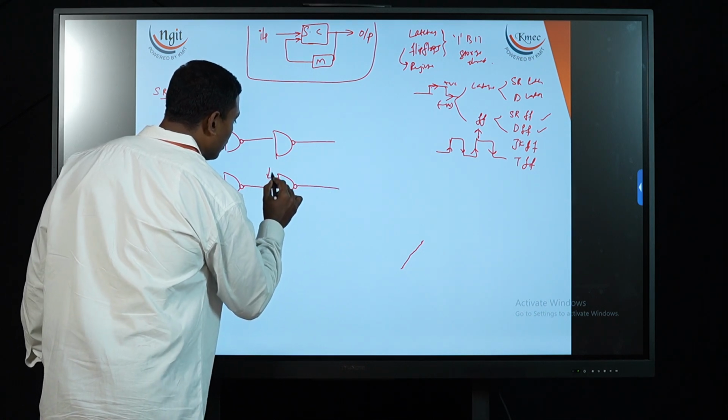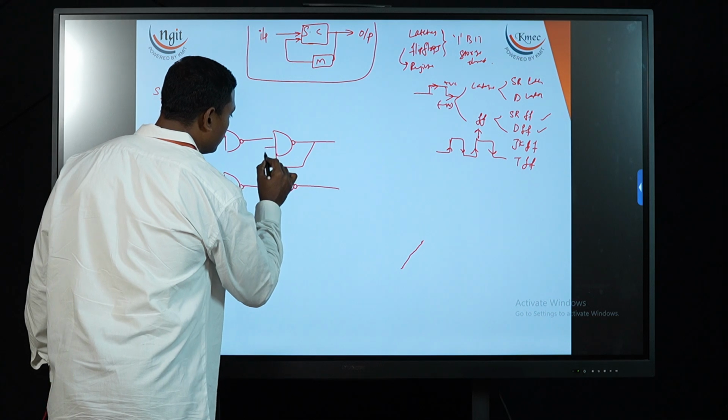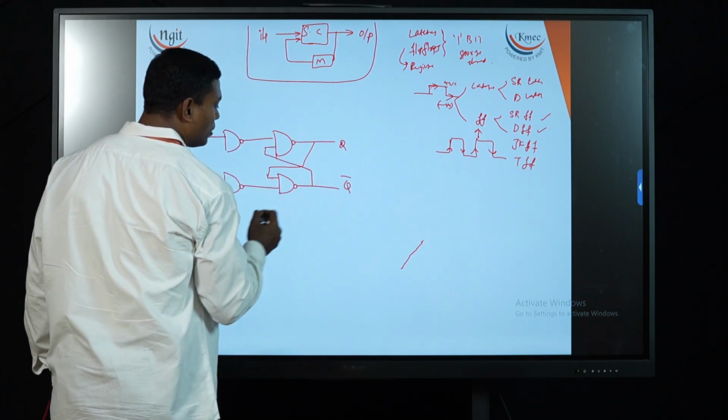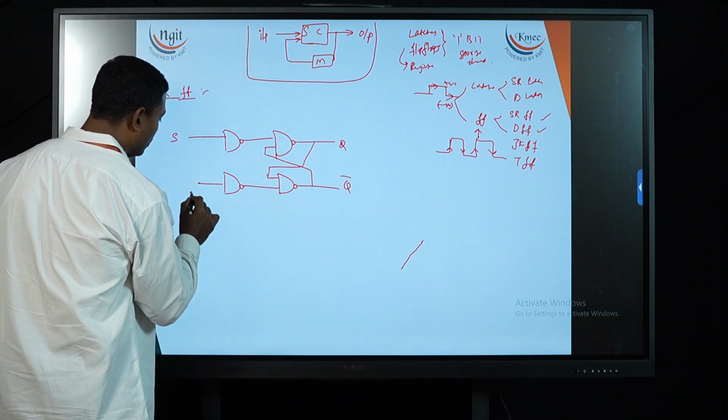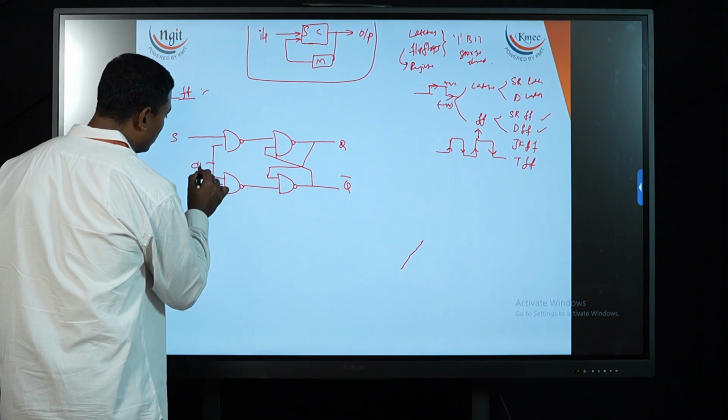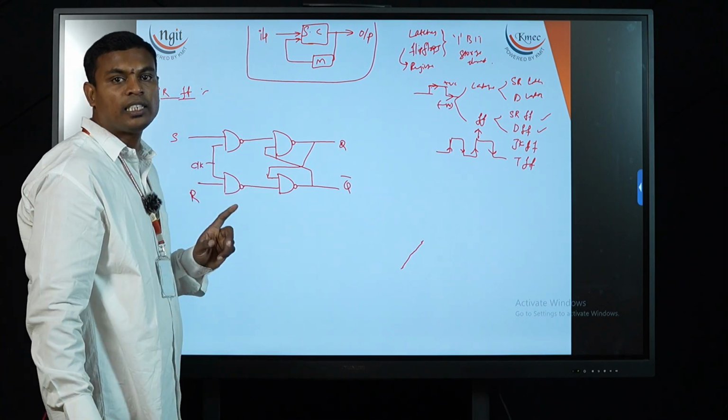They are cross coupled. One output is Q, the other output is Q bar. Here the input is R, and a clock is provided. So this is the circuit diagram for my SR flip-flop.